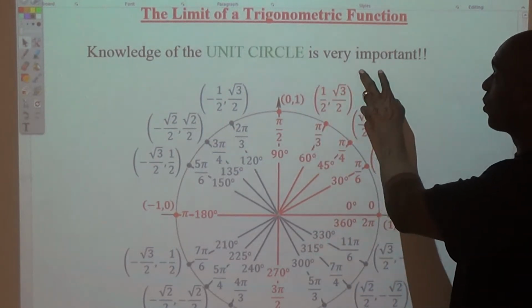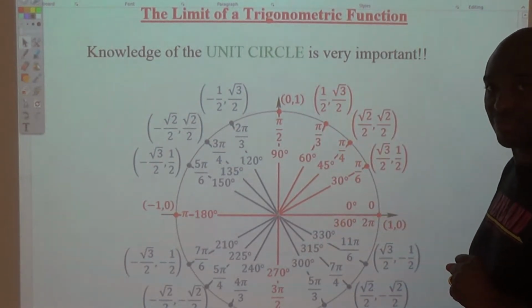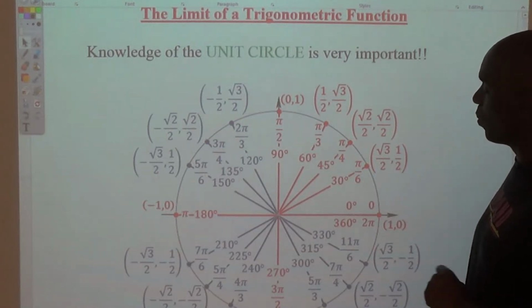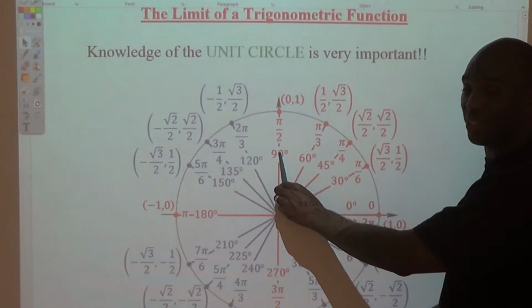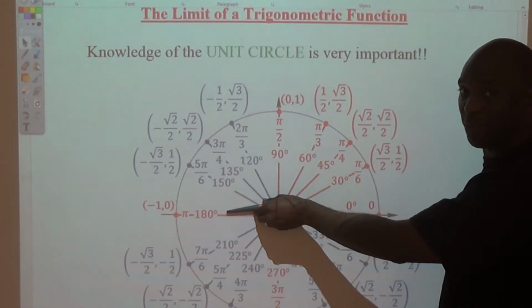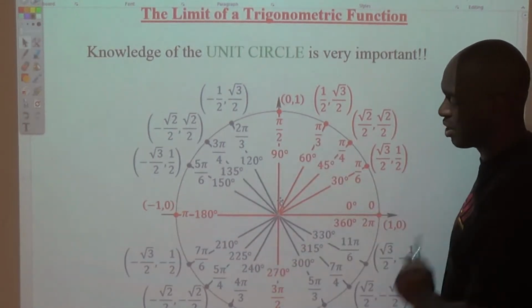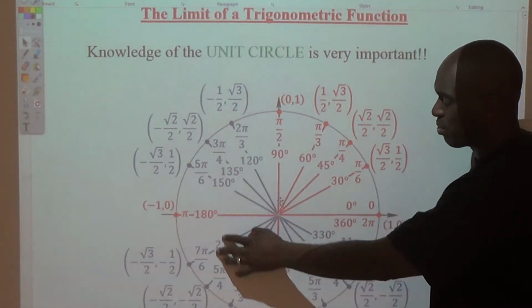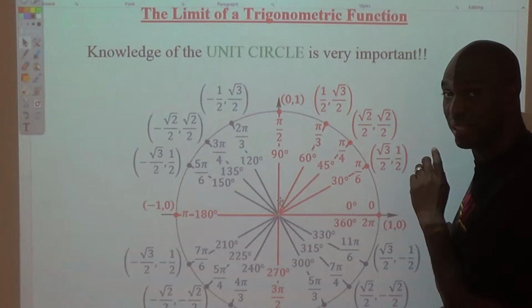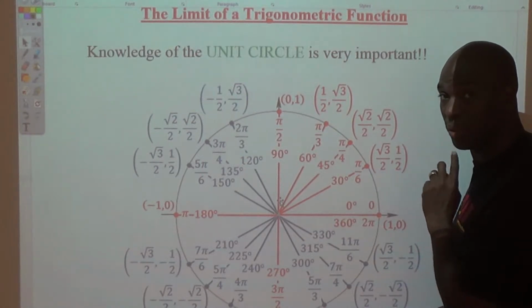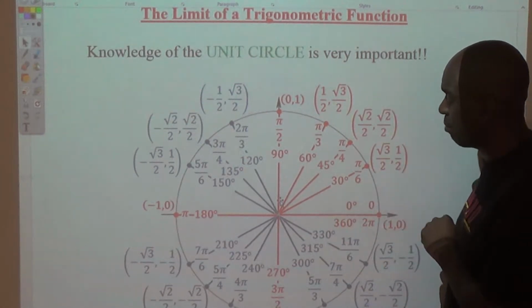Knowledge of the unit circle is very important. Okay? And so we have our various angles here, 0 degrees, 30 degrees, 45 degrees, 60 degrees, 90 degrees, 120, 135, 150, etc. You have all your angles going around the circle, and you have the cosine and the sine of each of the angles, and radian measure and degree measure.